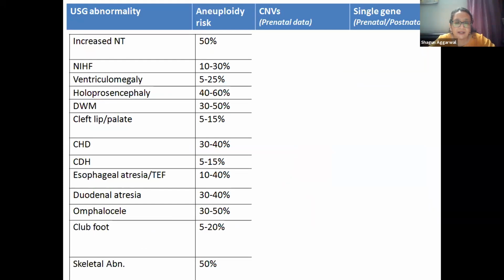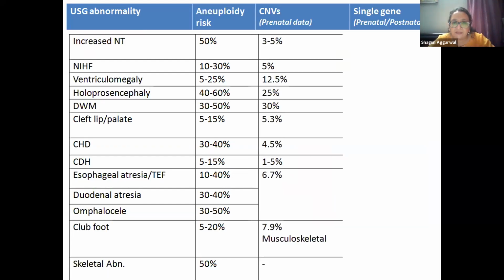So similar to cardiac defects, various ultrasound abnormalities, we all know that they are associated with different degrees of aneuploidy risk, but then we also need to remember that they could also be part of copy number abnormalities, a microdeletion or a microduplication syndrome, and this figure is really high, especially for holoprosencephaly and Dandy-Walker malformations.